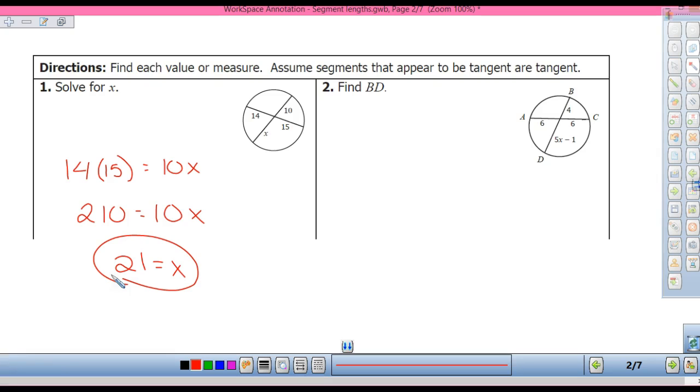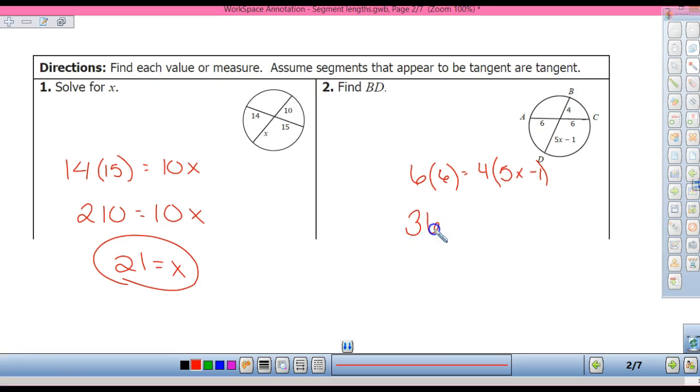Okay, the two insides, so 6 times 6, because that's one line, equals 4 times the whole thing, 5x minus 1. So you have to distribute that 4 through to everything. That's going to be really important.